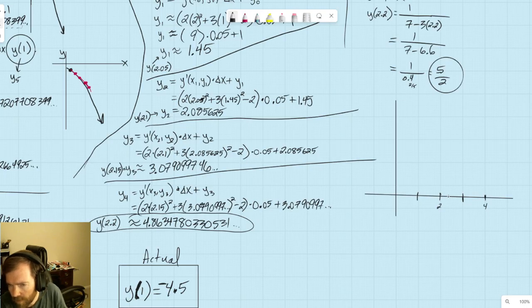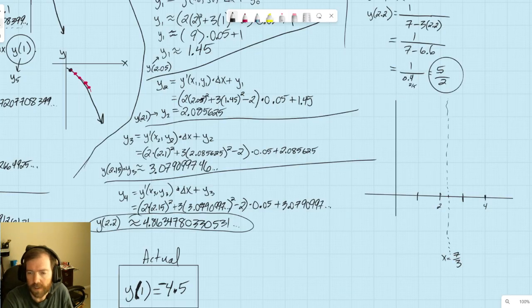At 2.3, we've got a singularity, x equals 7/3. And we wanted a value at 2, which was 2, 1.